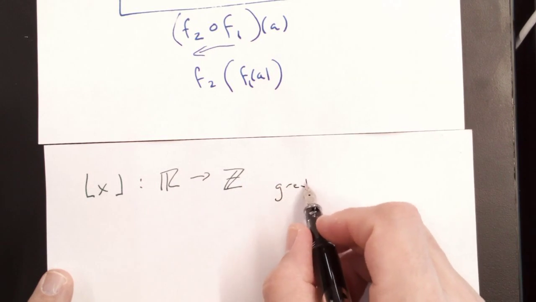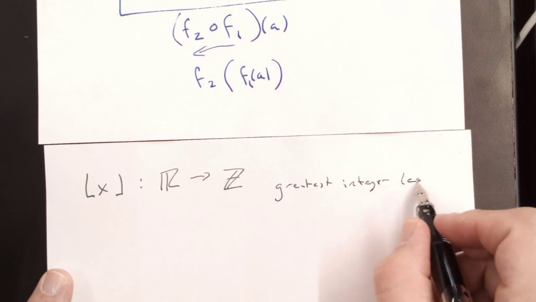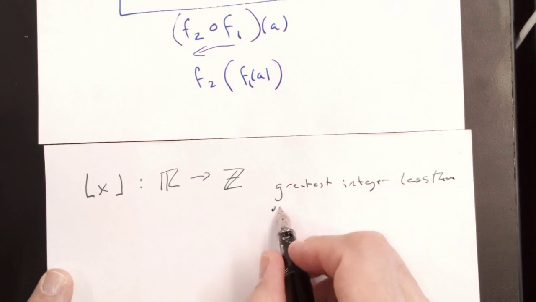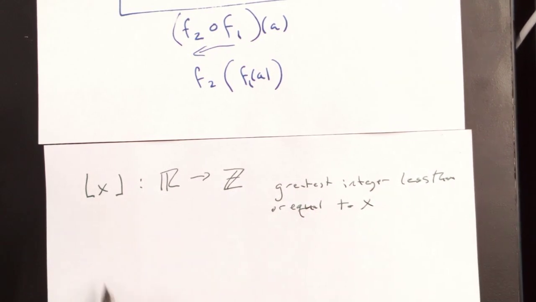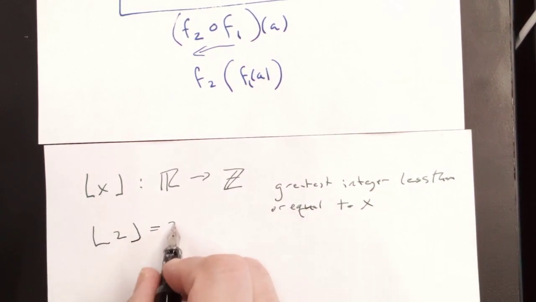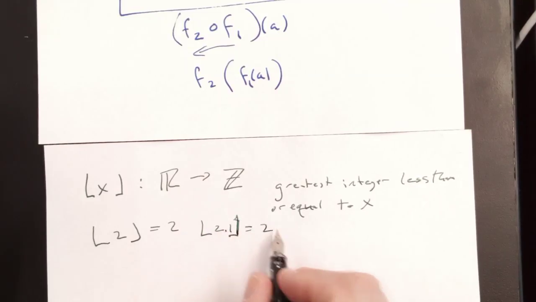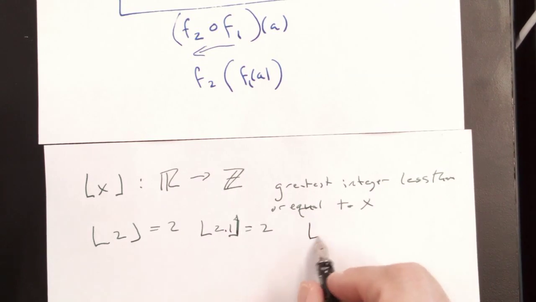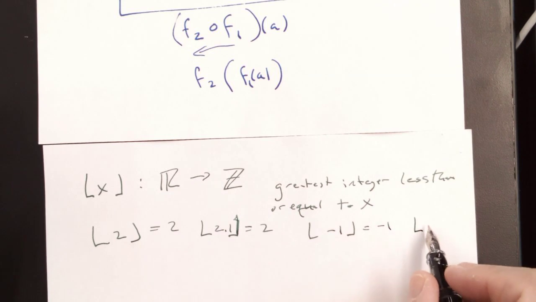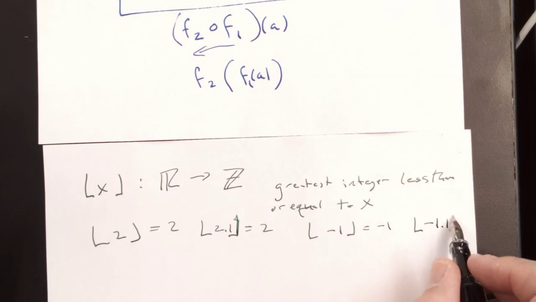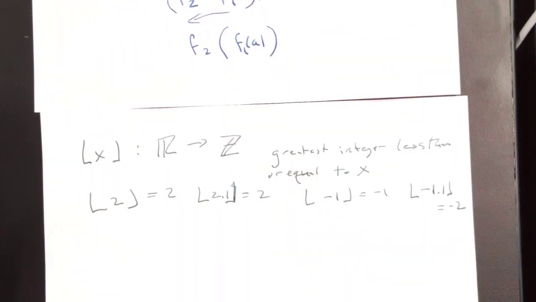The greatest integer less than or equal to x. So the floor of 2 is 2, and the floor of 2.1 is also 2. The floor of -1 is -1, but the floor of -1.1 is -2. I go down to the next integer.